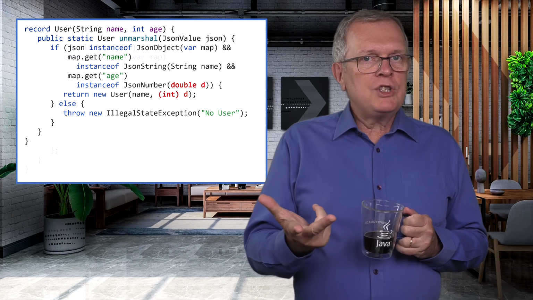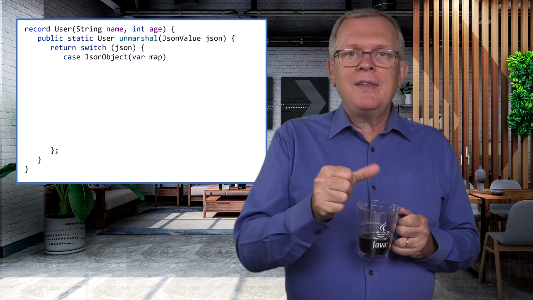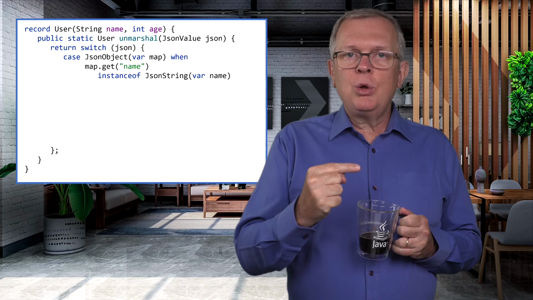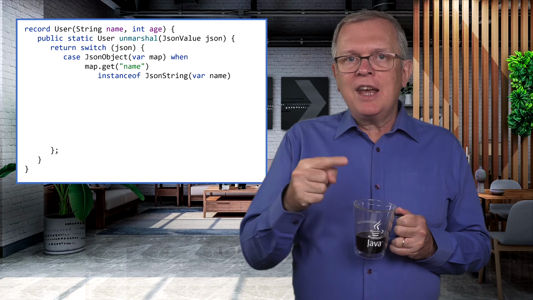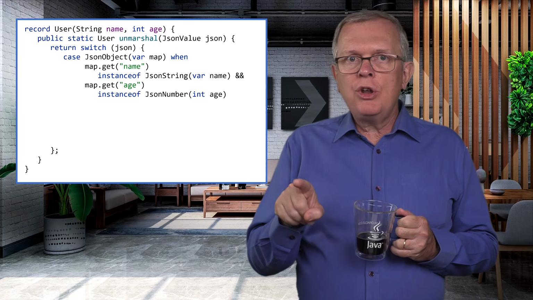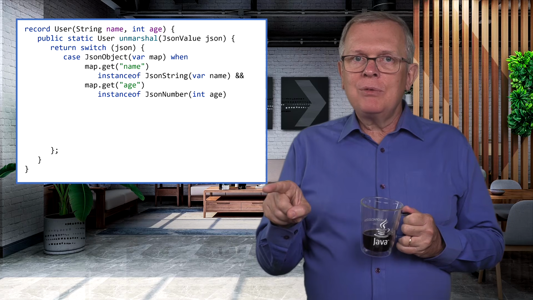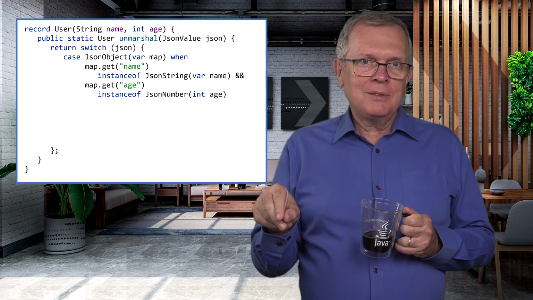So you can write a switch expression that first checks if you have a map, then checks if there is a key called name that is bound to a string, and then checks if there is a key called age bound to a number that can be converted to an int without any loss of precision.